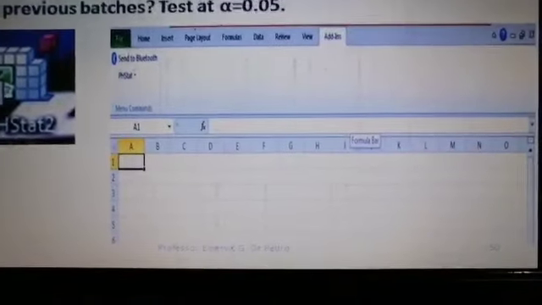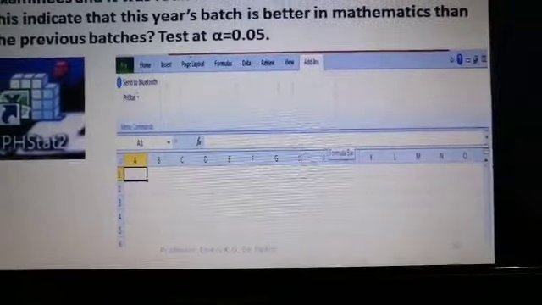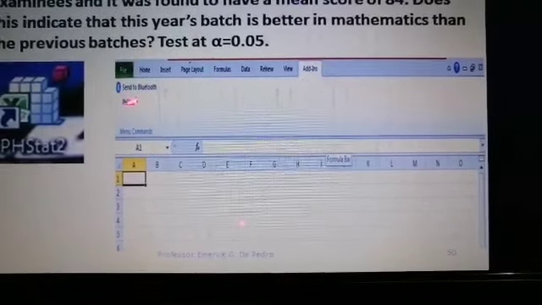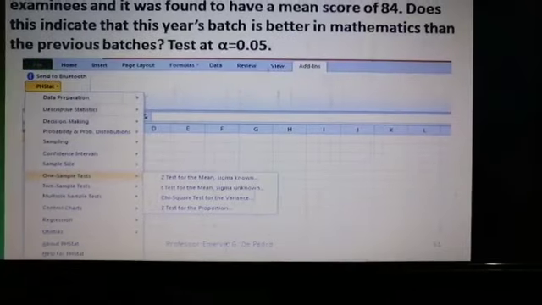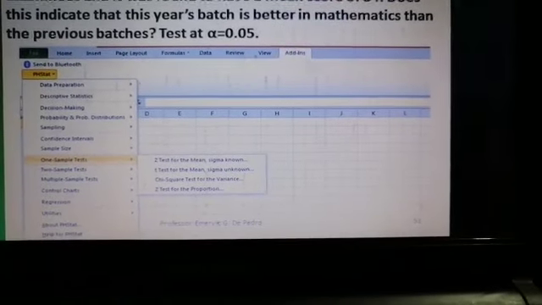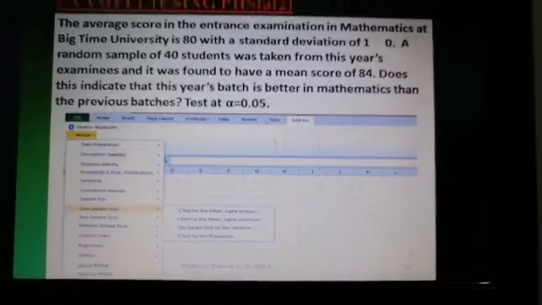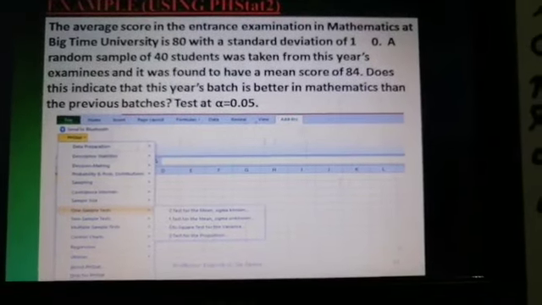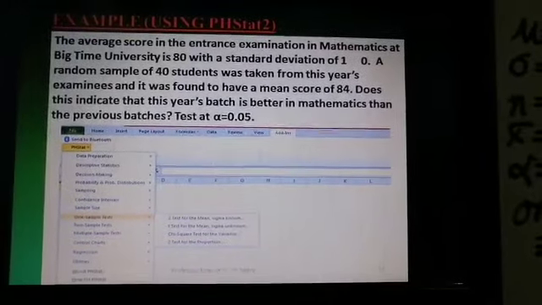What you have to do is click on the scroll down button there, and then choose among the tests. In this problem, by the way, we are using the same problem, the first problem that I presented to you.